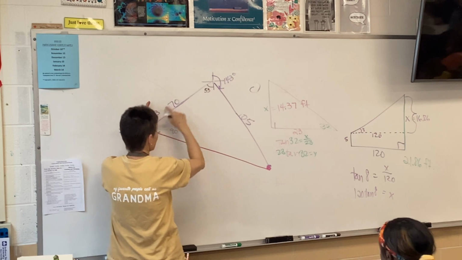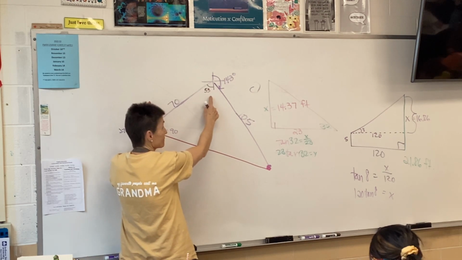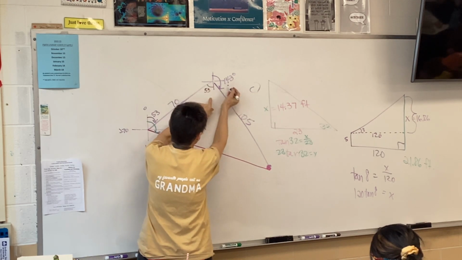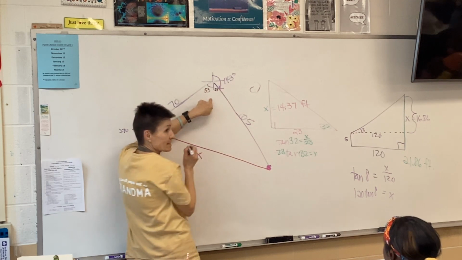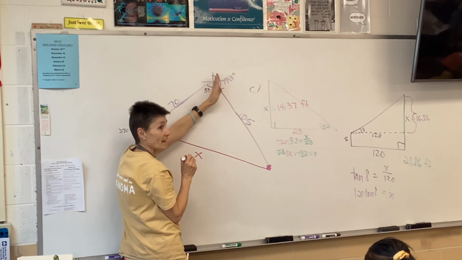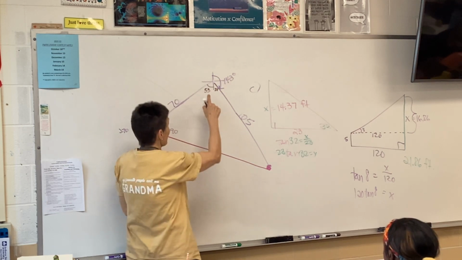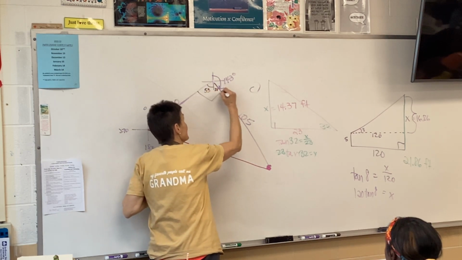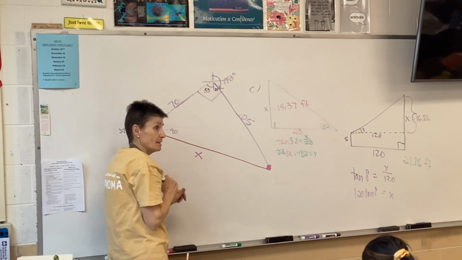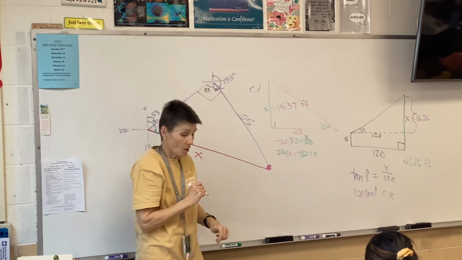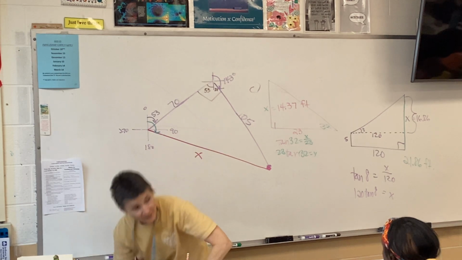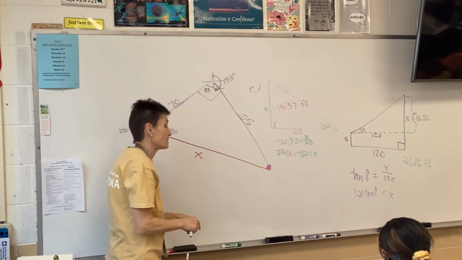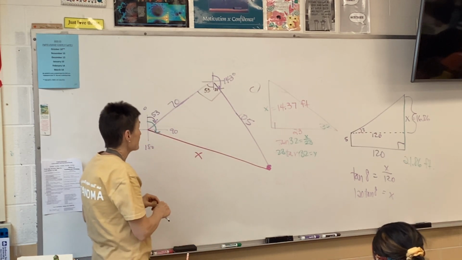So if that's 53, that's 53. And that other one's now 37. Doesn't this piece have to be 37 to make 180? And 53 and 37 is indeed 90. So, Jake, I can't just assume it's 90. I have to figure it out, make sure it is, and it is.